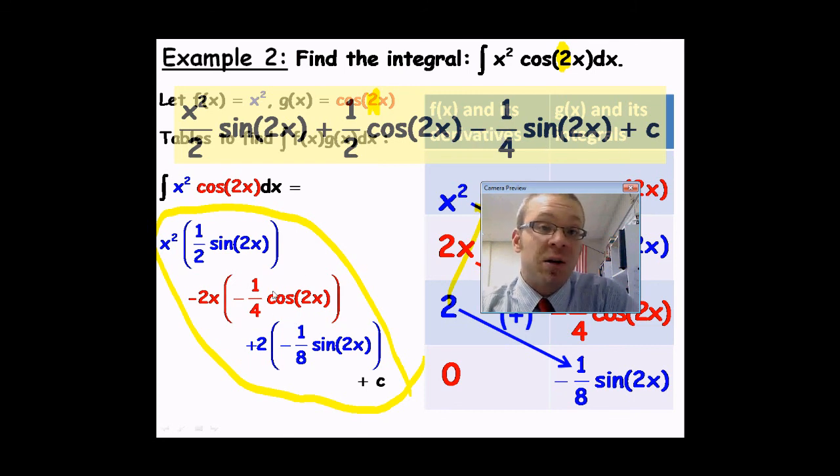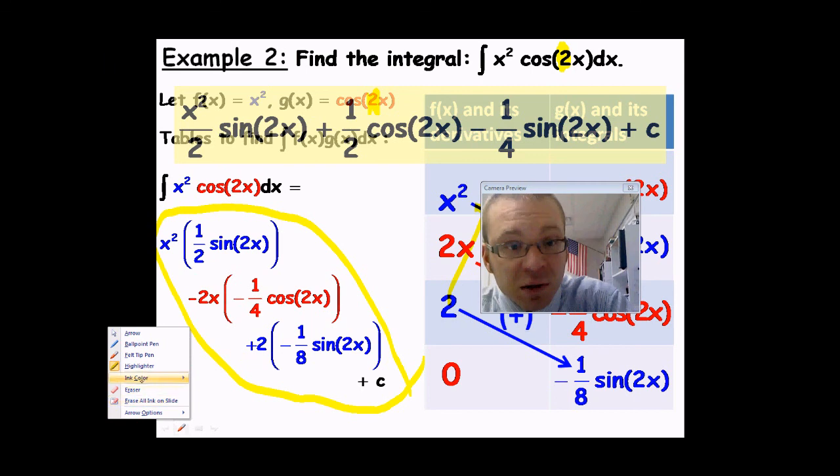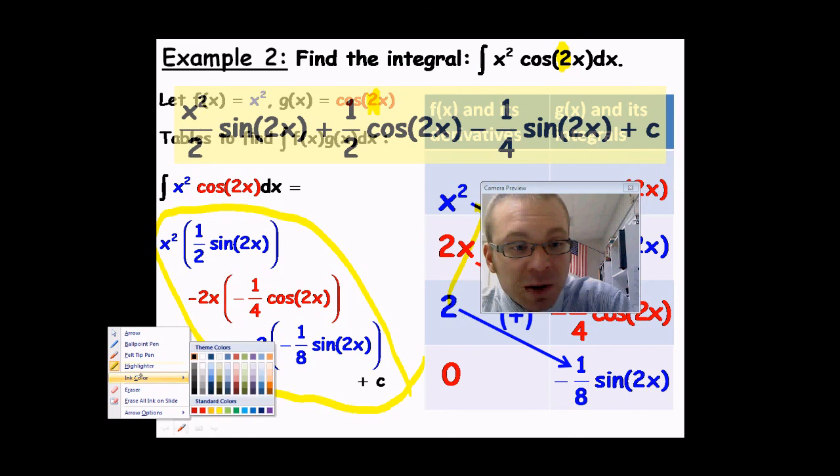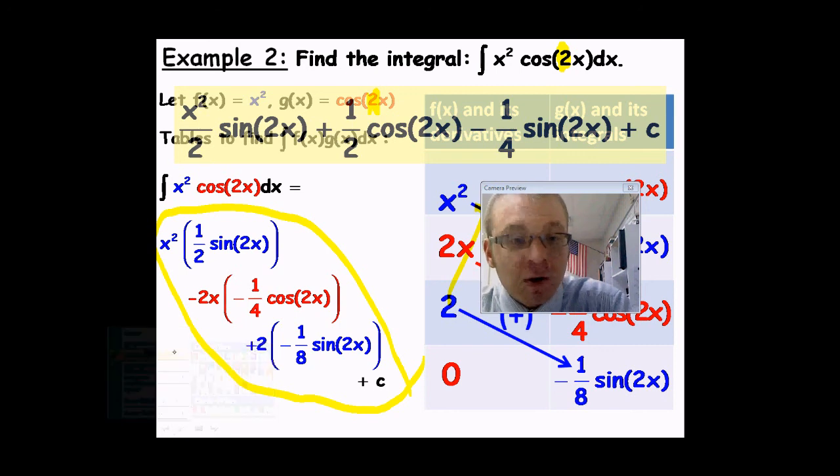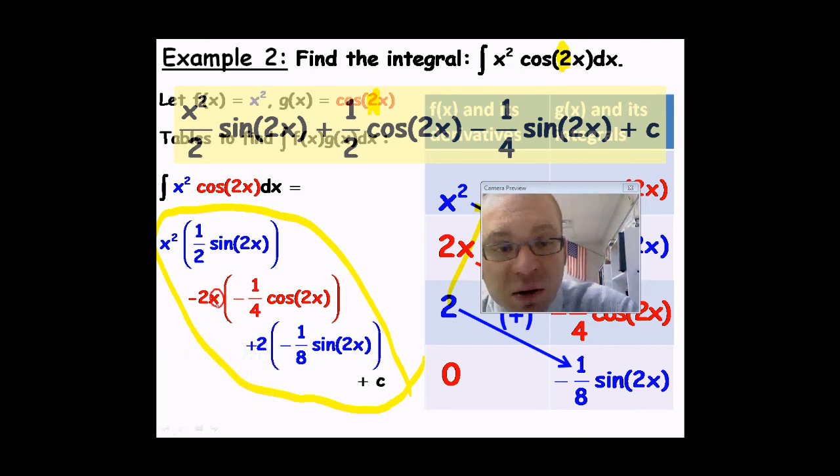Really all I did here... Oh, and I'm noticing a tiny little mistake. I am sorry about this. You might have noticed it too. If you take a look at this red part right here, negative 2x times the quantity negative 1/4 cosine of 2x, there's an x there, and it has to be distributed.